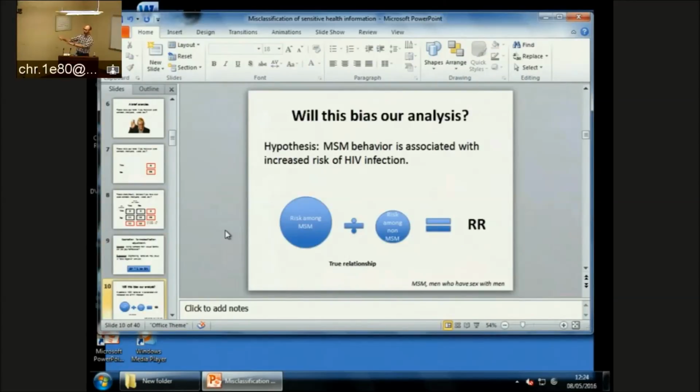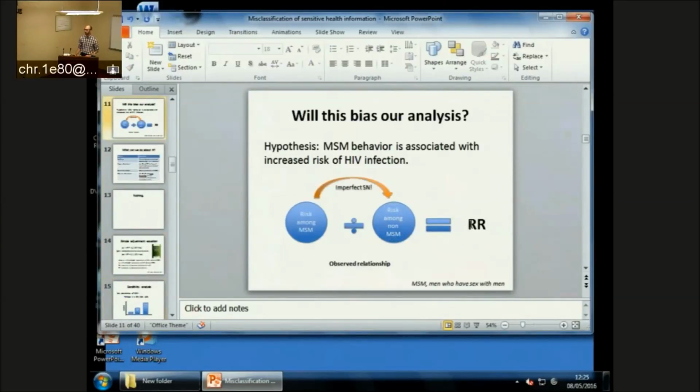In reality, the true relationship, what you would expect to see up here, is that risk for HIV among MSM would be much greater than risk for HIV among non-MSM. And I'm only talking about sexual transmission here. I'm not talking about drug use. And therefore, you would see this positive relative risk.